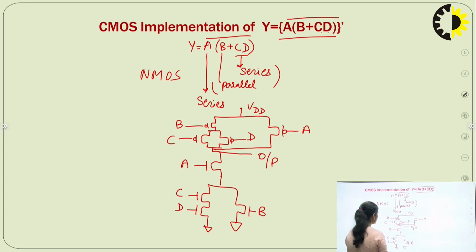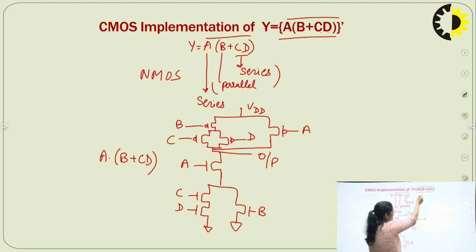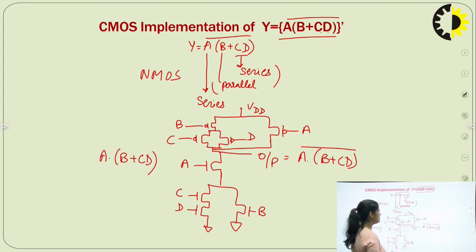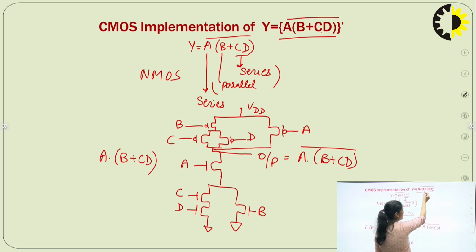Now here input is A dot (B plus C D). This is the input, and output is equal to what? Output you are getting directly, that is equal to (A dot (B plus C D)) whole bar. So this is the CMOS implementation of equation Y is equal to A (B plus C dot D), and this is the CMOS implementation of this logic equation.